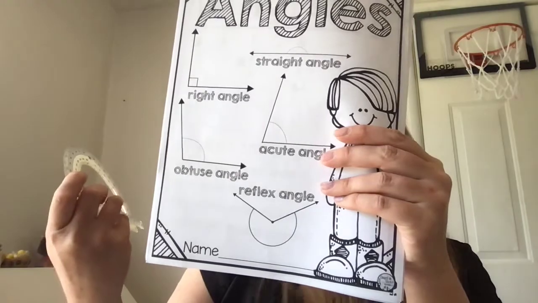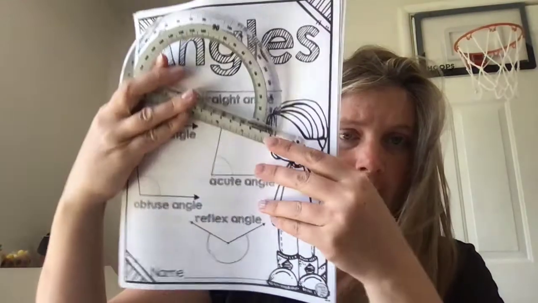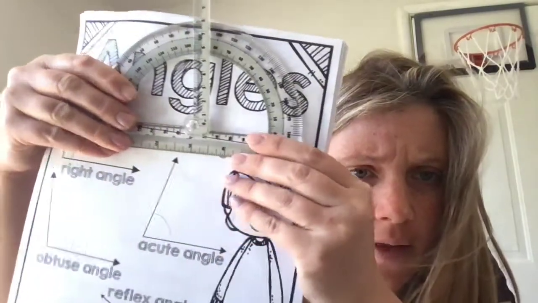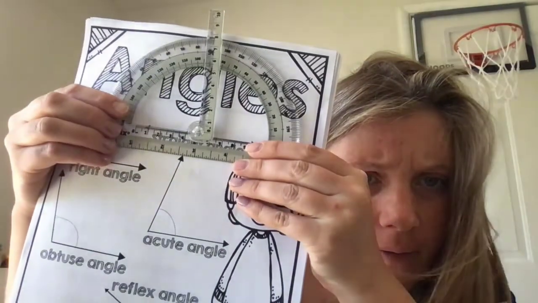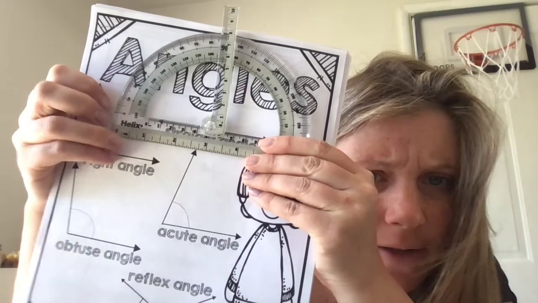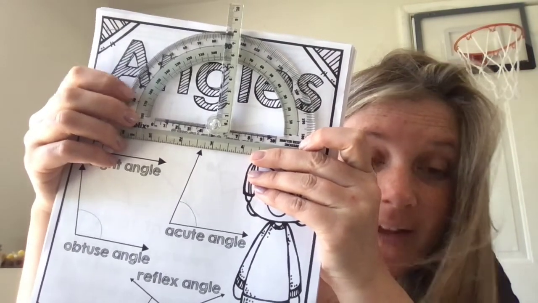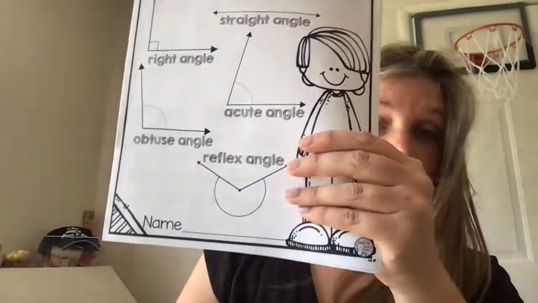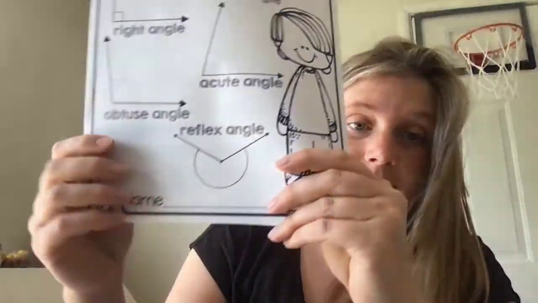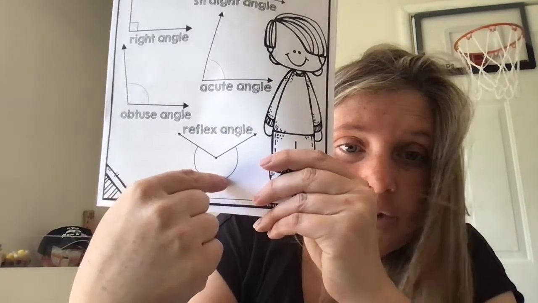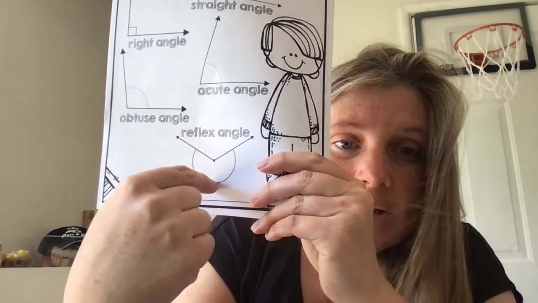How many degrees is that straight angle? Put your protractor on. What is that line pointing to? How many degrees is it? 180. Good. And then the reflex angle, look at this one. See how that's part of a circle? It goes like that.